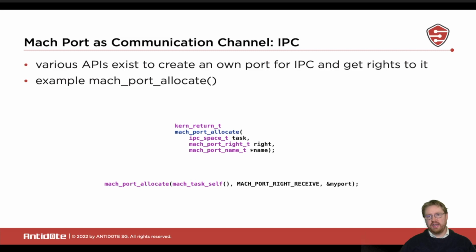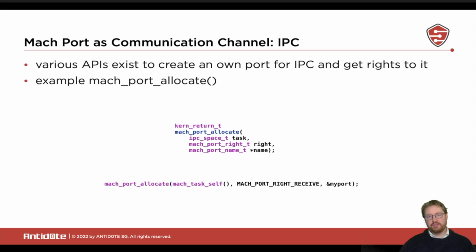You basically provide the current task. You provide it with the rights that you want to have, which would be the receive right, because you create the port for yourself and you want to be the receiver. So you immediately give yourself the receive right. And you need the port name to be able to use that port.